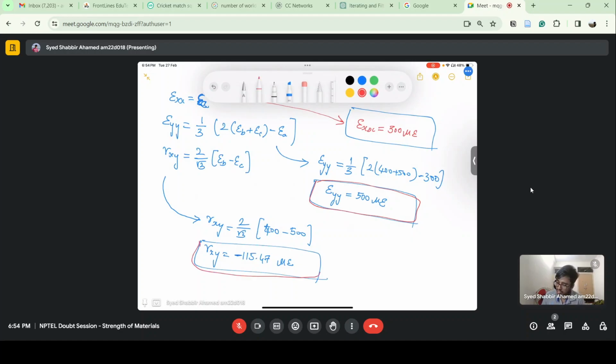So I know epsilon xx, epsilon y, and epsilon xy, which is gamma xy by 2.